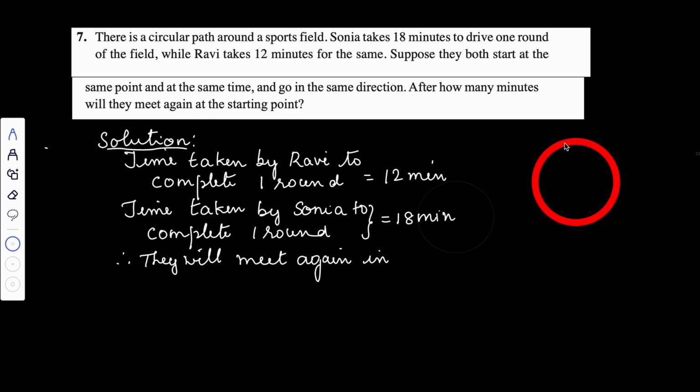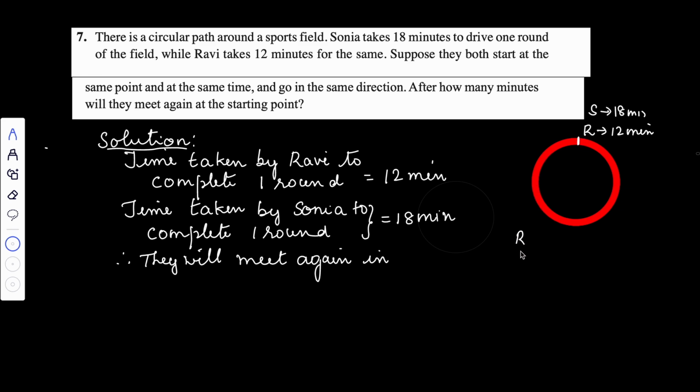Here there is a circular path, and we take one point here. Ravi and Sonia are there. Sonia takes 18 minutes to complete one full round and Ravi takes 12 minutes. That means Ravi is faster. When Ravi completes one round, Sonia will be on the way.